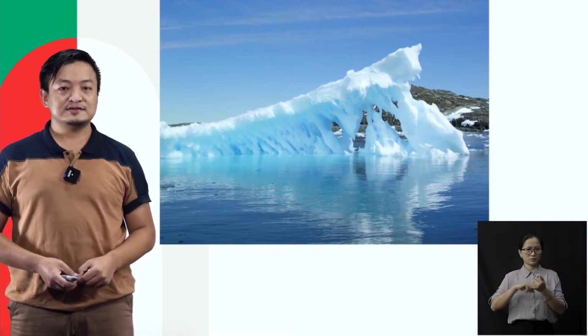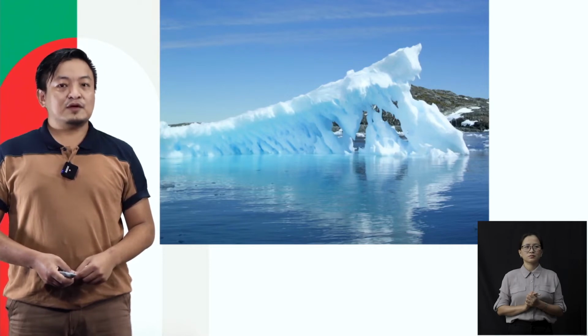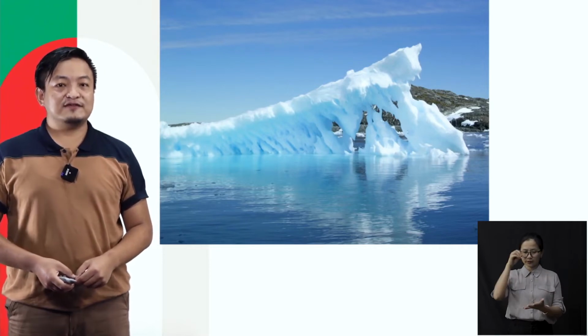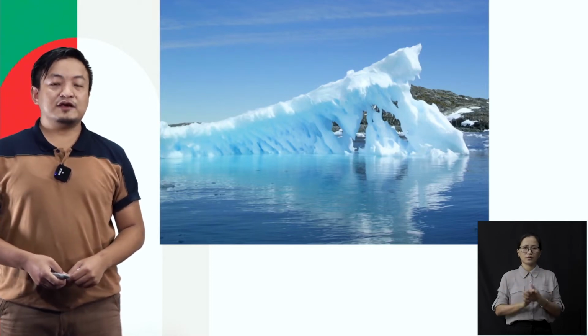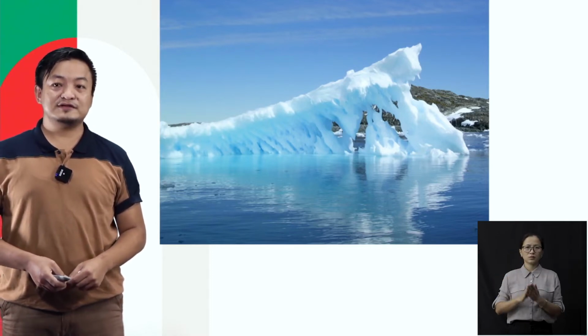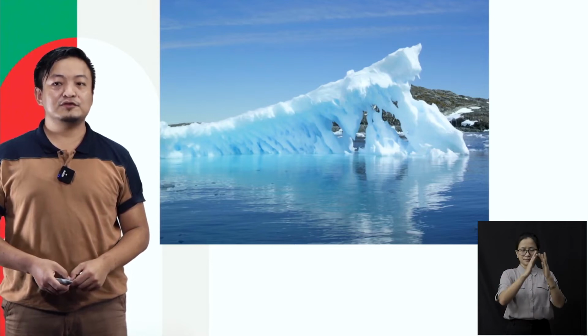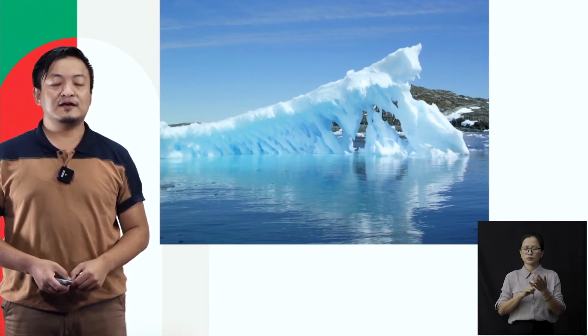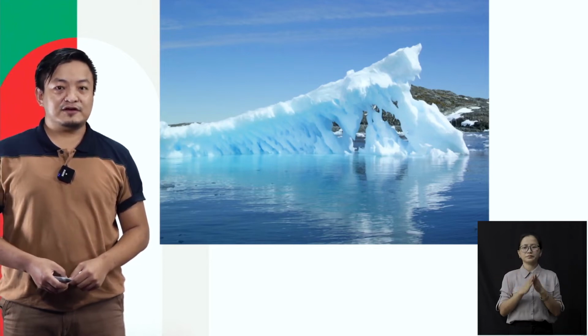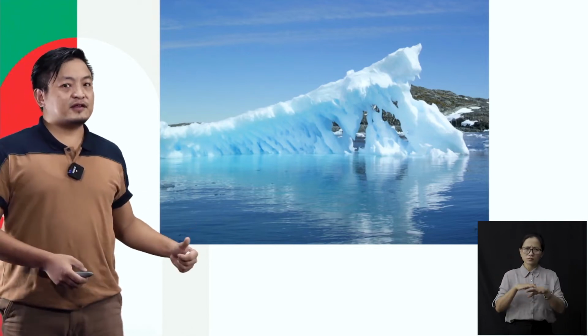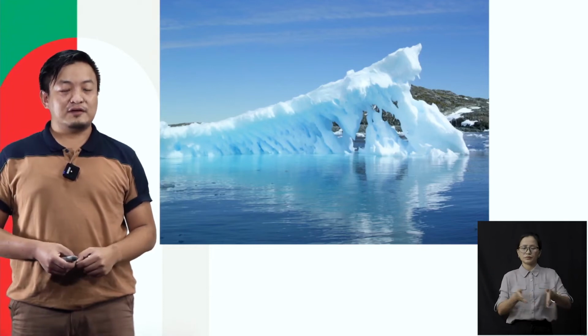Now students, we have learned about valley. Now students, we have learned about mountains. And we have learned about river. And students, you have seen how river is formed, right?